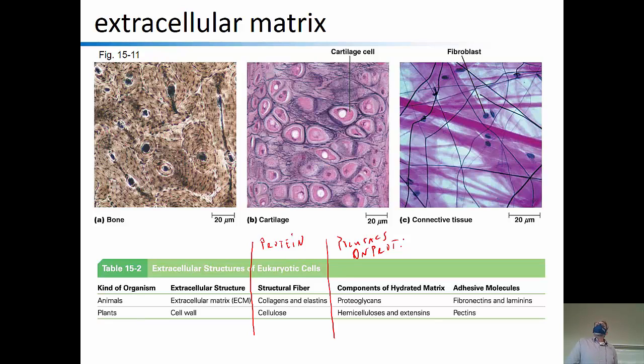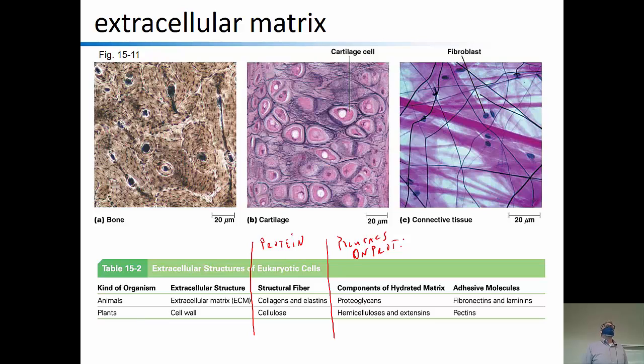We talked about glycoproteins, and if we look at a glycoprotein, it's mostly protein with a smattering of carbohydrate. In contrast, if we look at a proteoglycan, it's mostly sugar. So mostly the carbohydrate component with a much smaller component of protein.